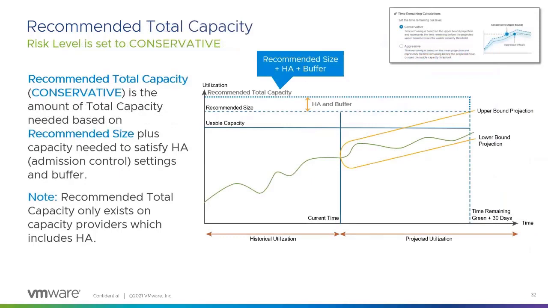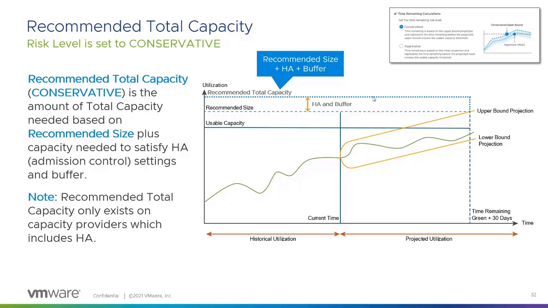So, recommended total capacity. This one only applies to objects that have HA or buffers, so this would be for something like a cluster. It functions basically the exact same as recommended size. You can see I have it on here as the recommended size, but then we add on HA and buffer based on what's configured for the cluster.